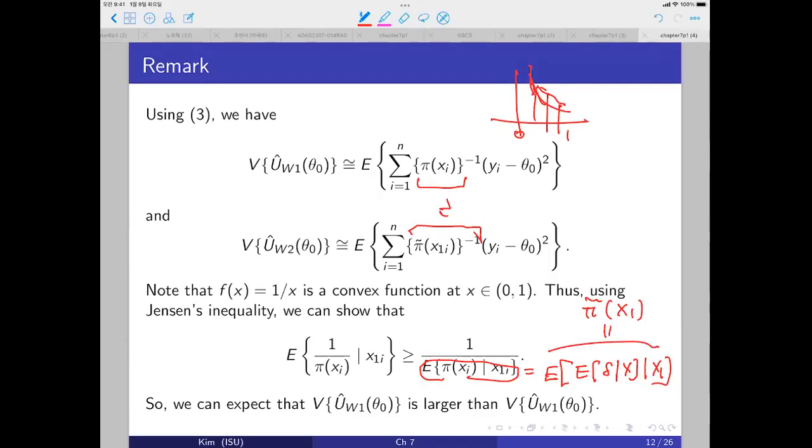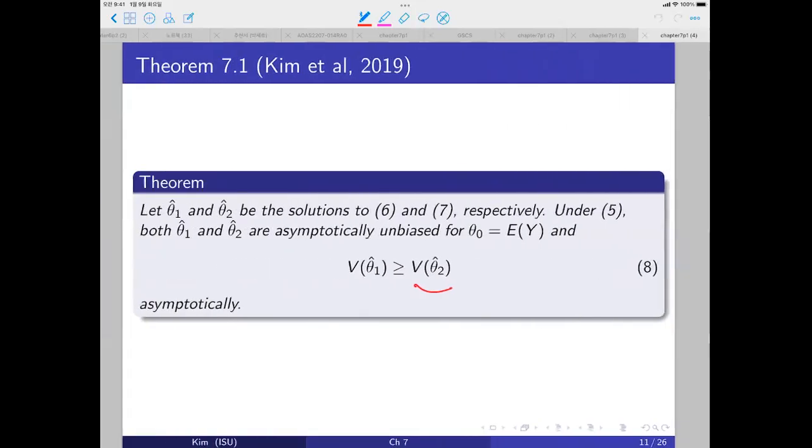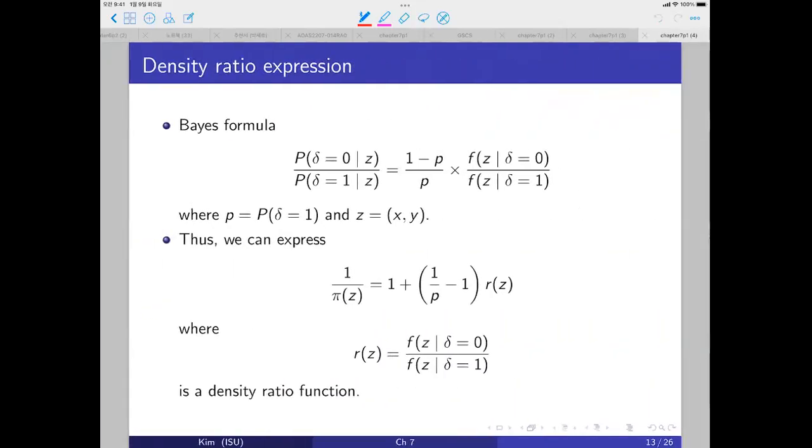You're right. If they were true individually, then we would be done. But we are only more likely, so this way does not really give the proof. So we need to go another route to prove this theorem, which uses the density ratio expression.